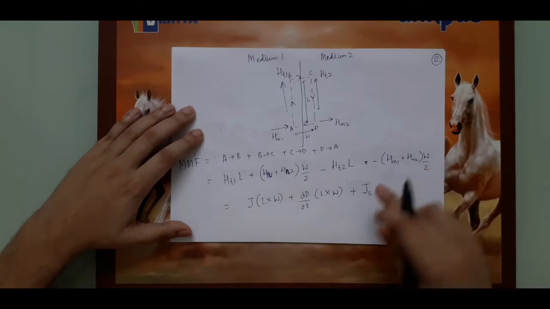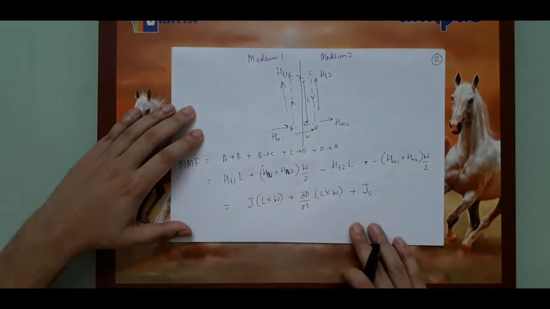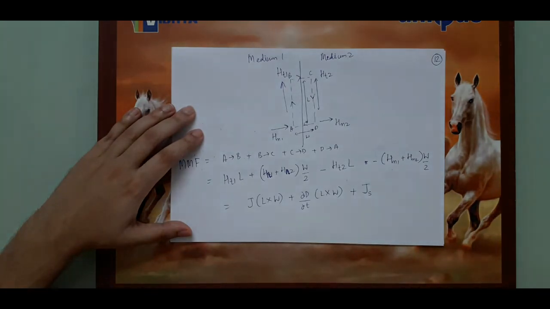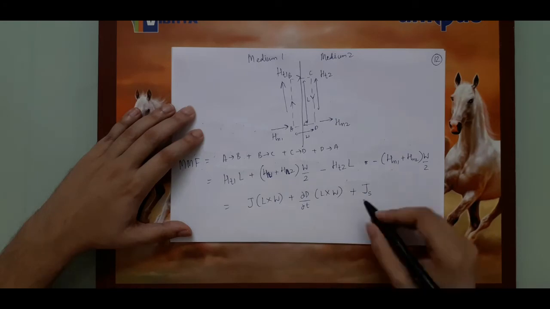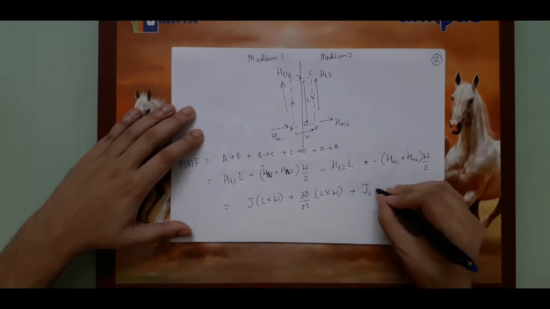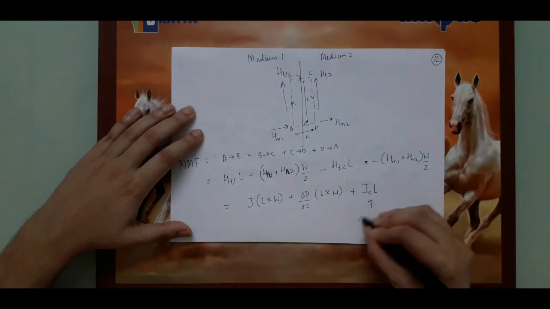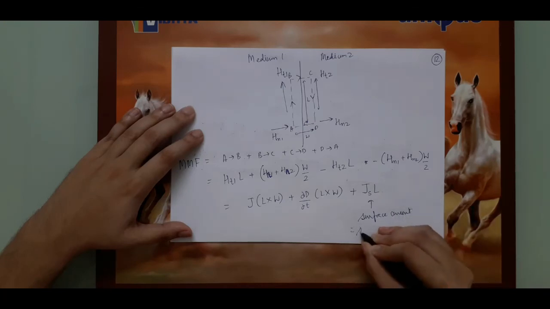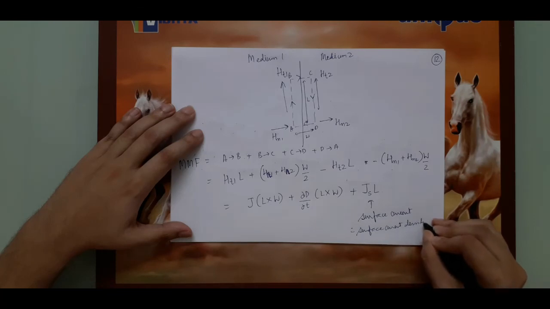Since we are looking at the current along the surface, the surface current is the product of surface current density multiplied by the length, so it is Js times L.